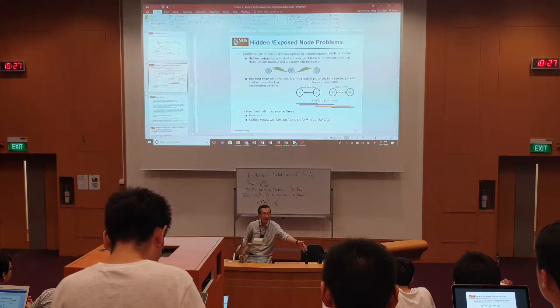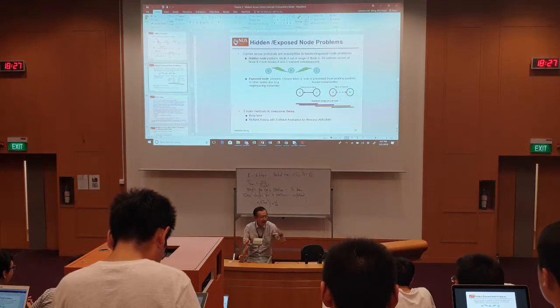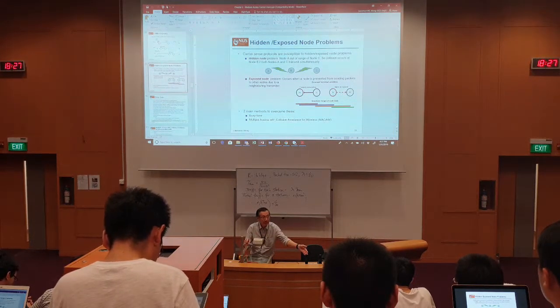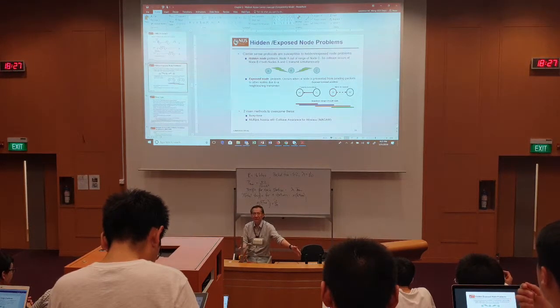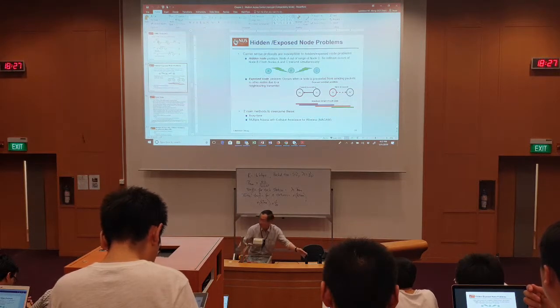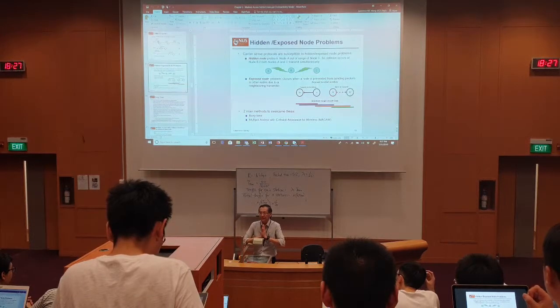But D is outside the range. Although B is talking to A, C wants to send data to D. But because C can hear B, it's very obedient and keeps quiet. But actually C can send because it will not affect the transmission over there. That's the exposed node problem.